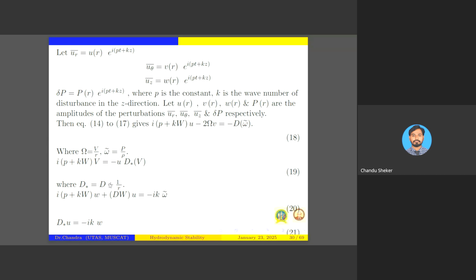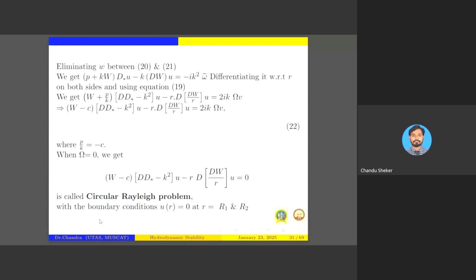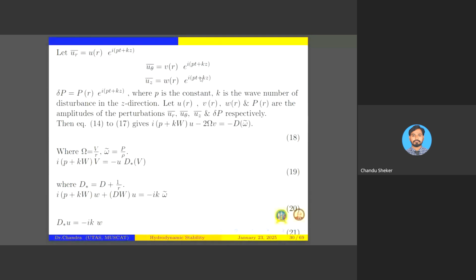Finally, we obtain the relation between these four equations, and we model our problem for the given fluid. First of all, we compare these two, 20 and 21. This is actually W bar. Comparing these two, we get this equation, and we have dW bar in equation 18.